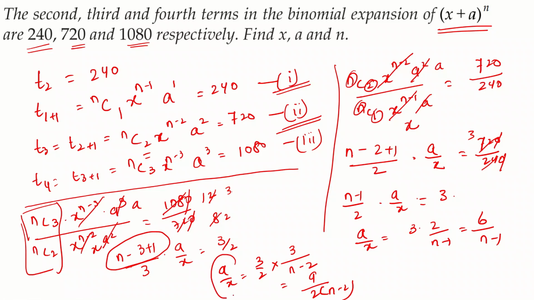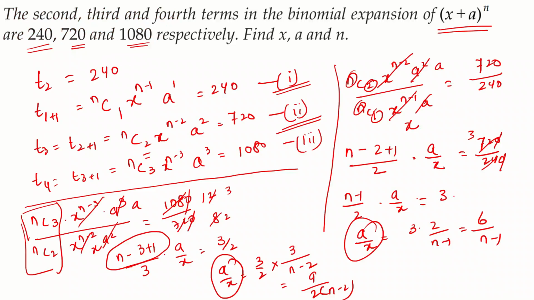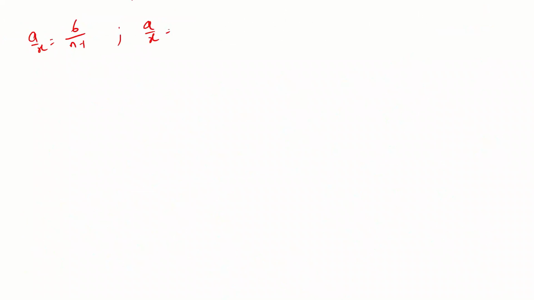So I get the value of a by x over here, and I get the value of a by x over here. I can equate it. I can write down a by x is equal to 6 by n minus 1, and also a by x is equal to 9 by 2 into (n minus 2).